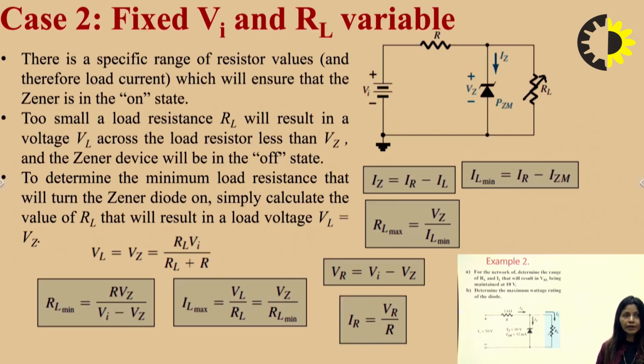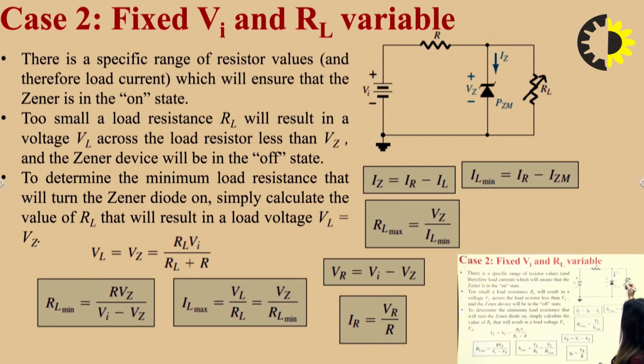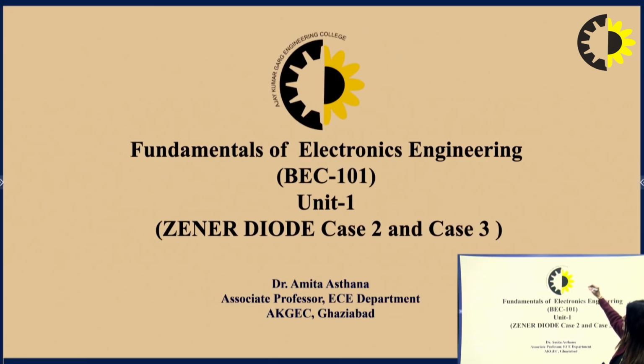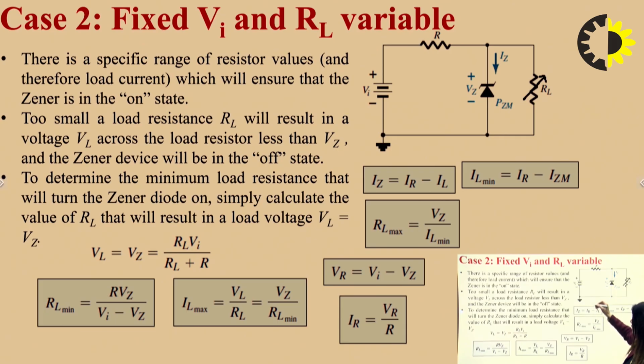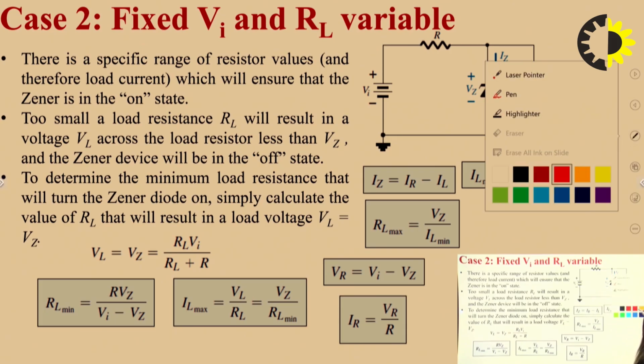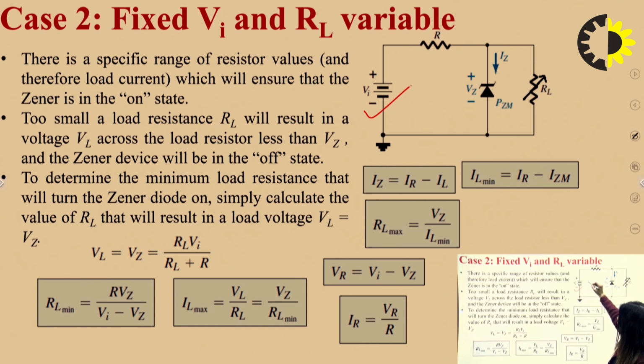Here in this particular circuit, VI is the input voltage. The current is IR, this is IZ and this is IL.